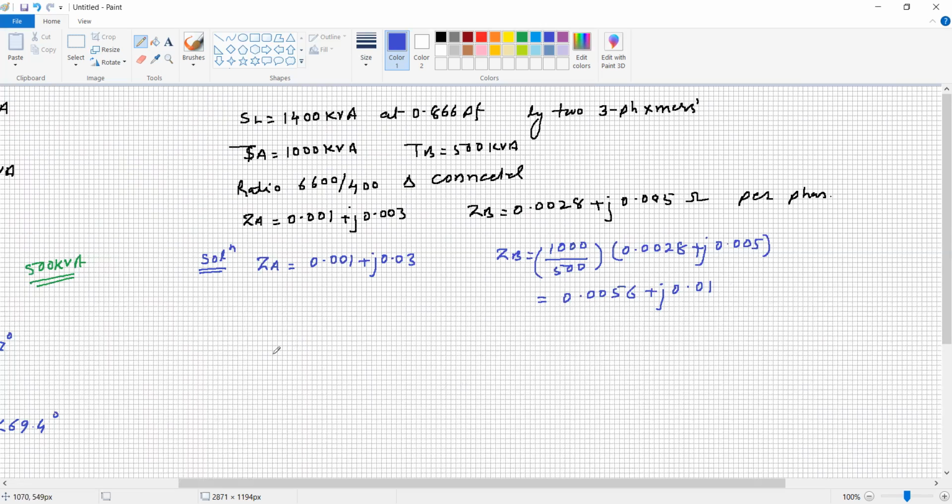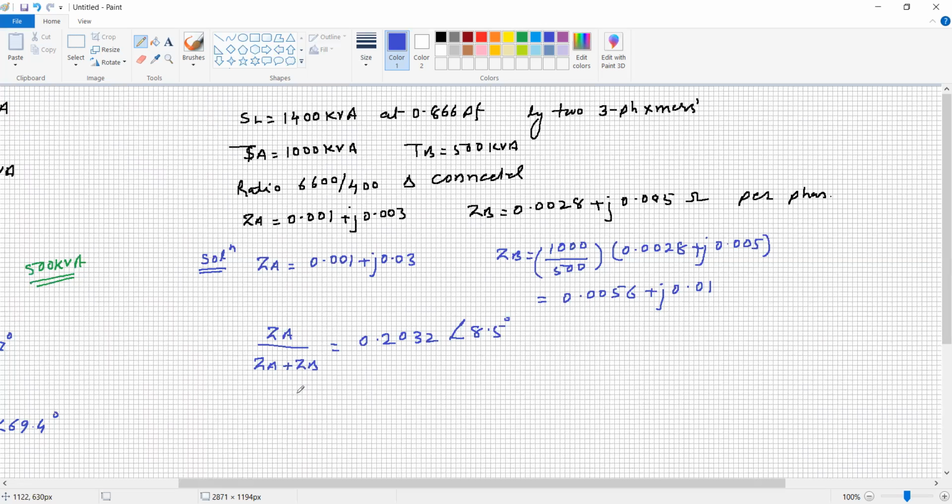Now ZA plus ZB. We can calculate, but this calculation is based on your practice. Either first you calculate ZA plus ZB, or simply ZA upon ZA plus ZB. ZA plus ZB, I directly write, is 0.2032 at an angle of 8.5 degrees.